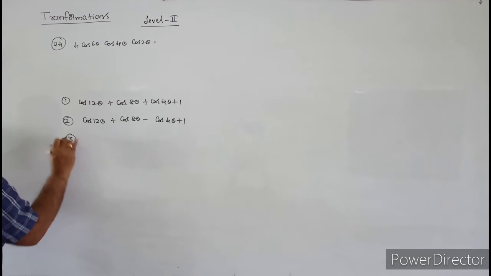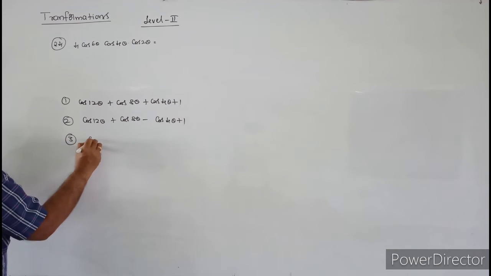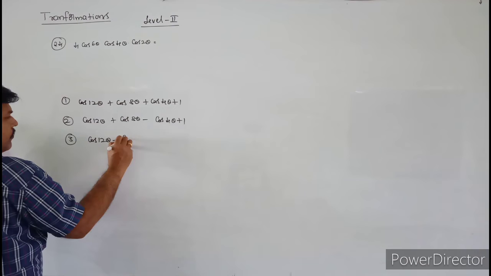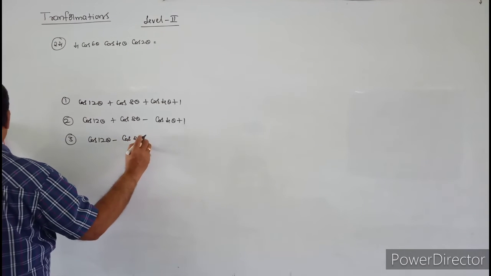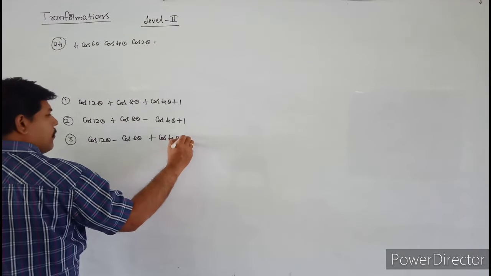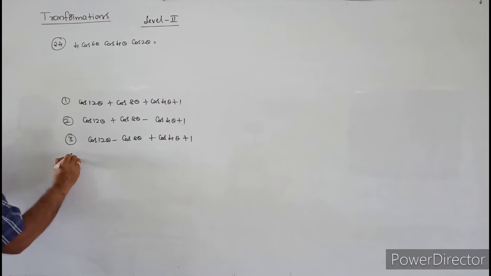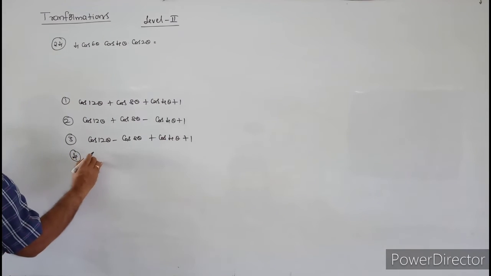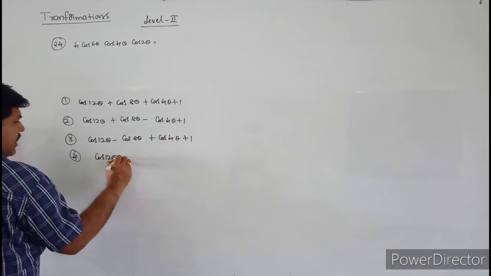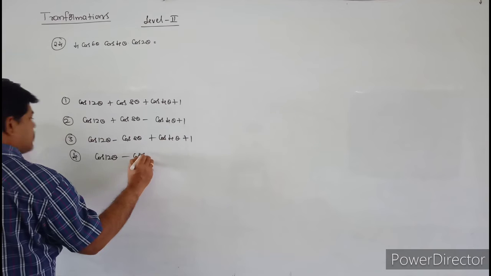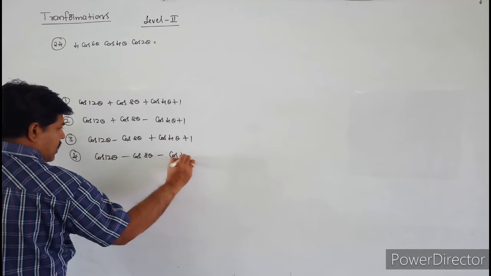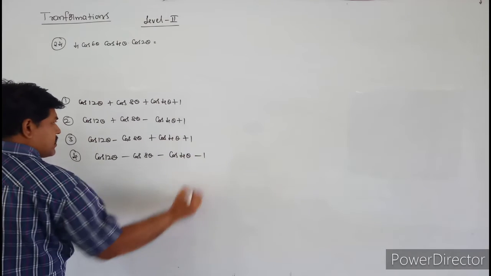So see the next, cos 12 theta minus cos 8 theta plus cos 4 theta plus 1. And see the next one also, cos 12 theta minus cos 8 theta minus cos 4 theta minus 1.